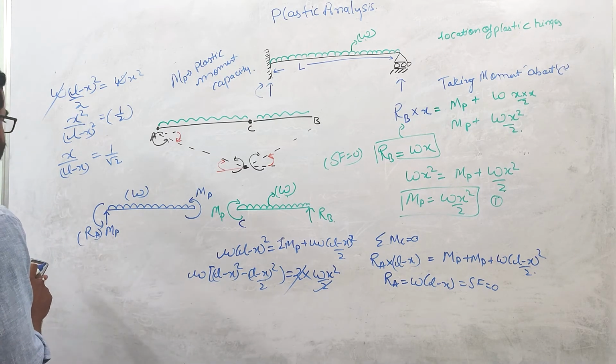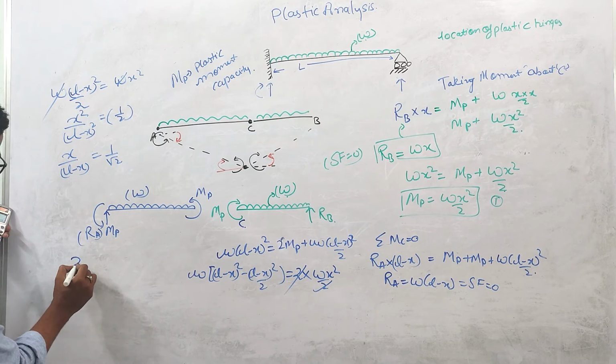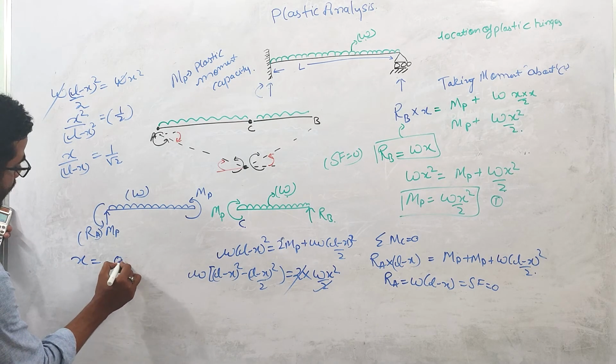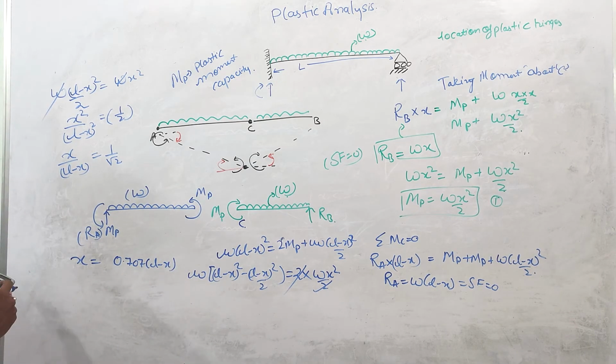If you calculate this, 1 by root 2 is 0.707. So X equals 0.707 into (L minus X), right?